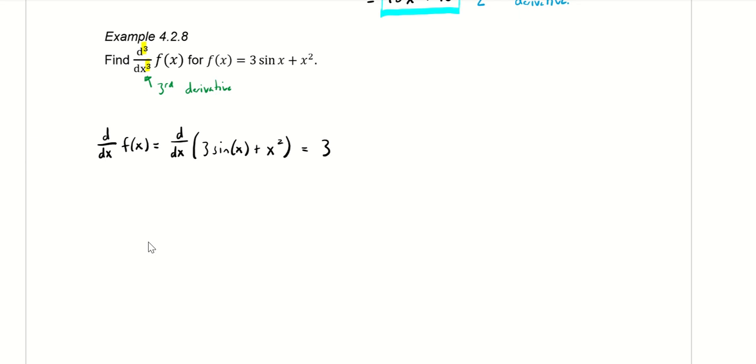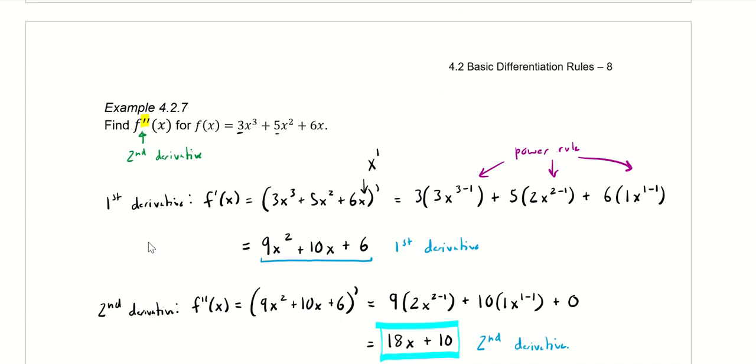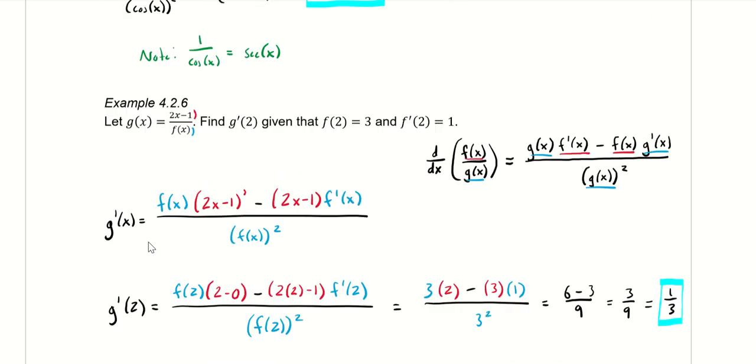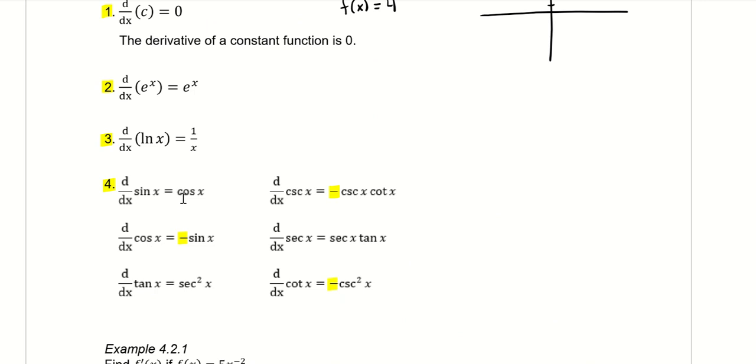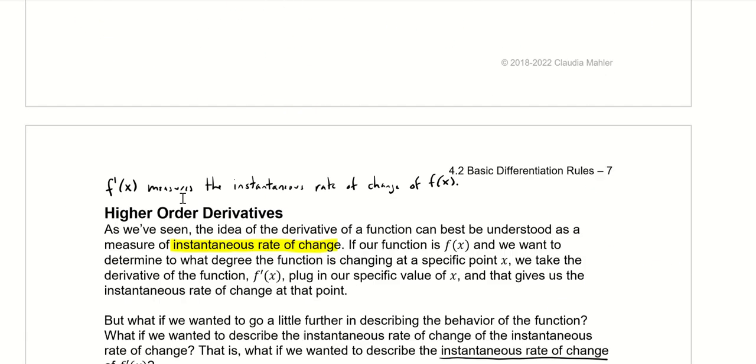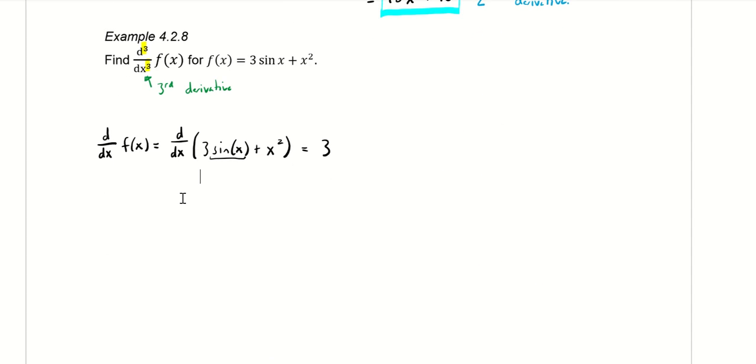So I'm going to take that 3 out. It's just a constant. Derivative of the sine of x is, all the way back up here, cosine of x. So I'm going to have 3 times the derivative of the sine of x, which is cosine of x.